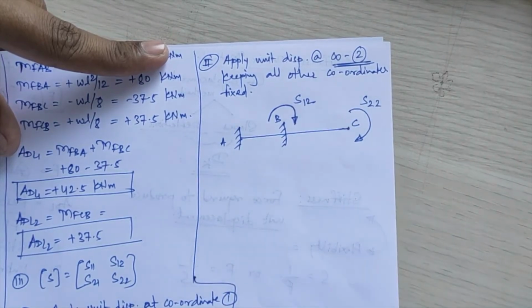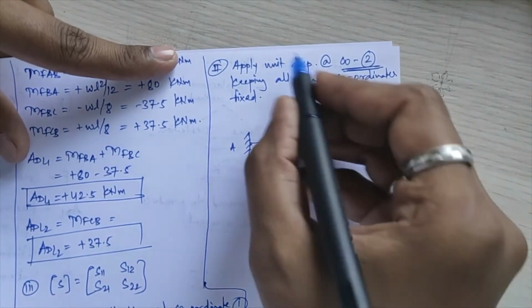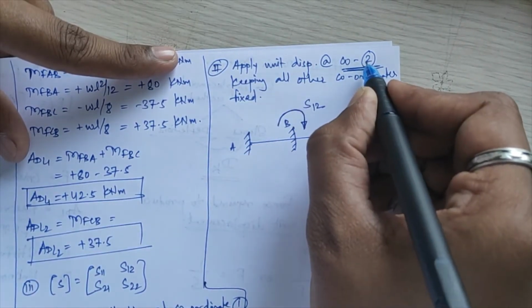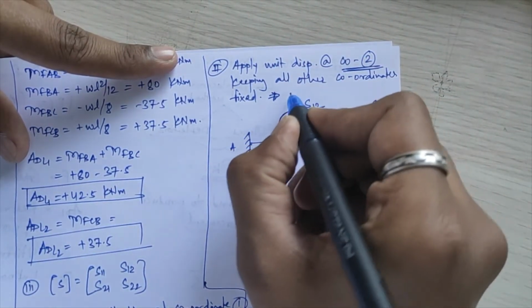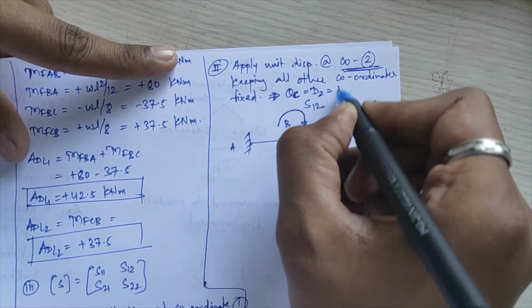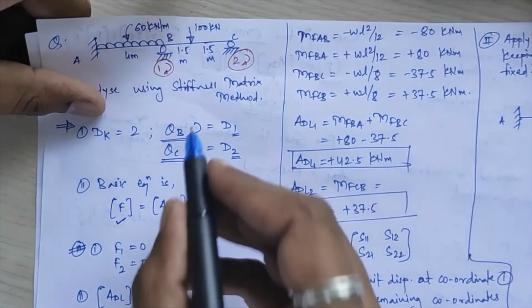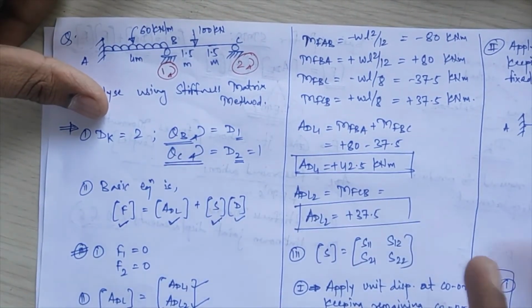So this will become S of 1, 2. Now you have to apply unit displacement at coordinate 2. That means you have to apply theta C or D2 equal to 1 now. That is your second coordinate, theta C, which you have to assume equal to 1 there.